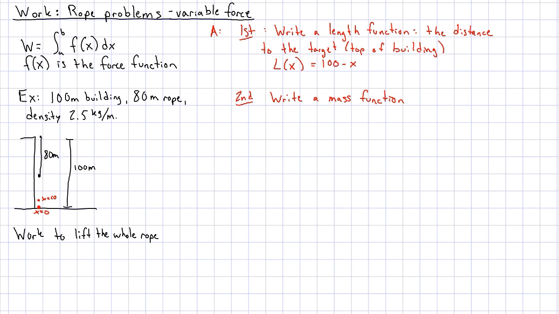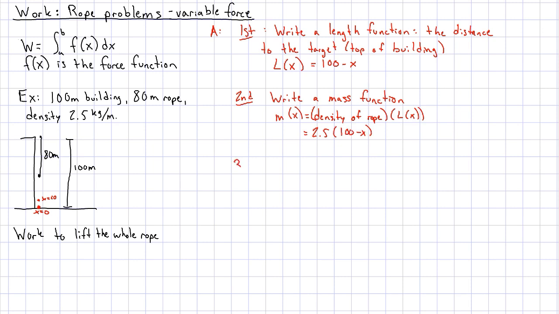So the mass function is always equal to the density of the rope or chain or whatever it is, times the length function. So in this instance, that's going to be 2.5 times L of x, which is 100 minus x.